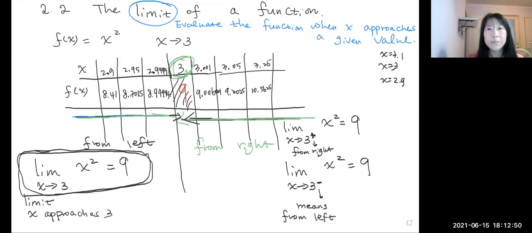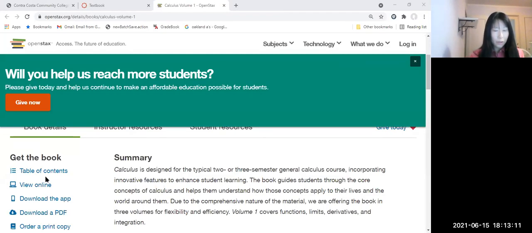Let me erase. Okay, so we're going to look at the table and then answer that. So let me use the book. Share screen. The book here. I'm using Canvas and then there is a textbook, right? So I click that.